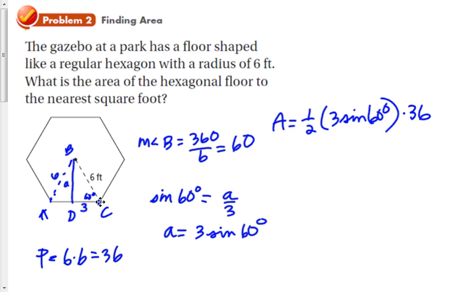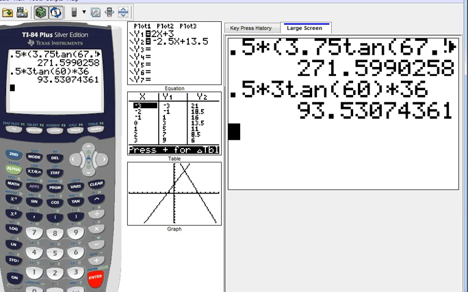I'm going to go ahead and do that on my calculator. Sorry about that mistake there. This is actually supposed to be the tangent of 60 degrees. So let's fix those.